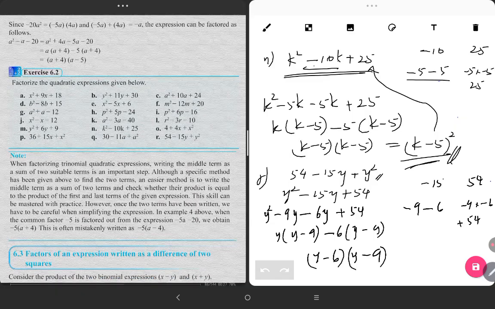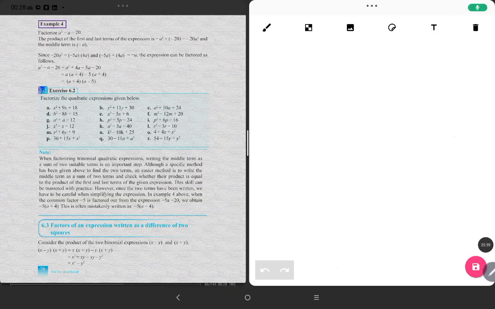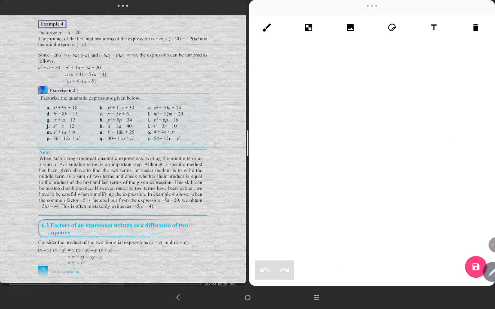Factors of an expression written as a difference of two squares. So that's what we are going to look at next. Okay, so let's see this. x square minus y square.